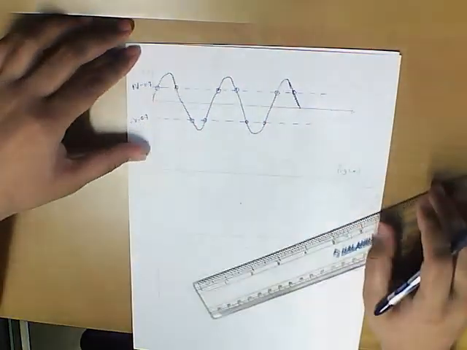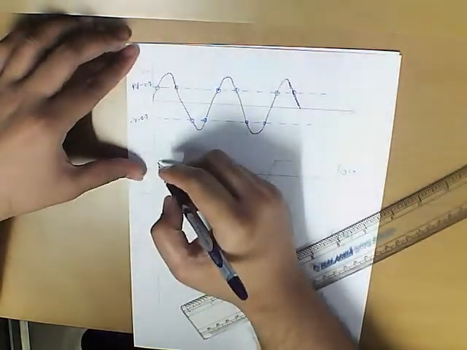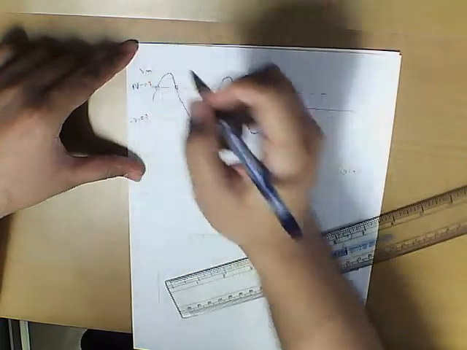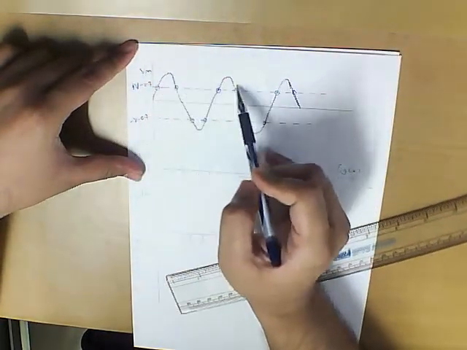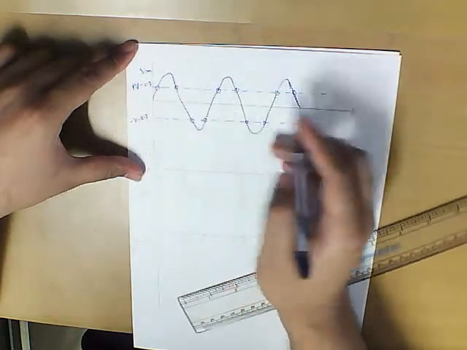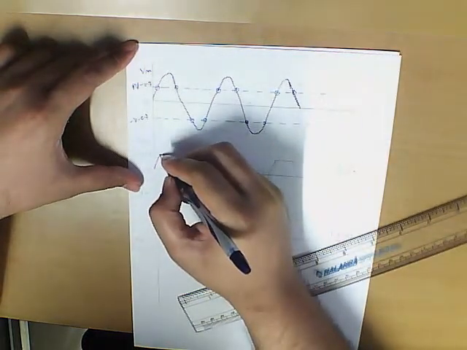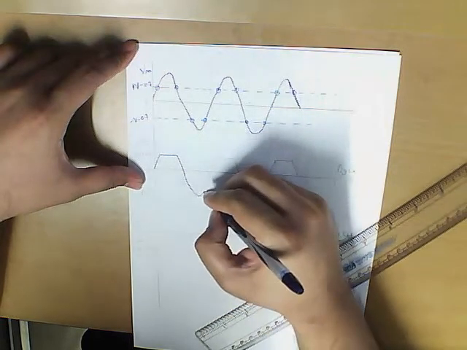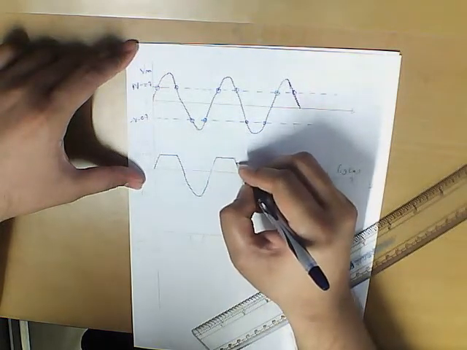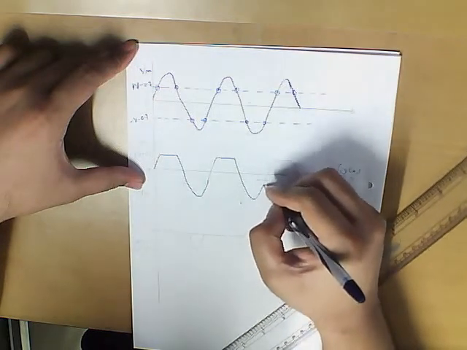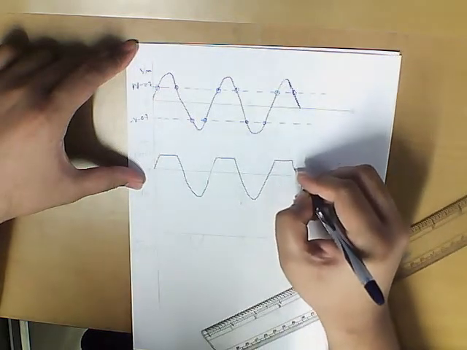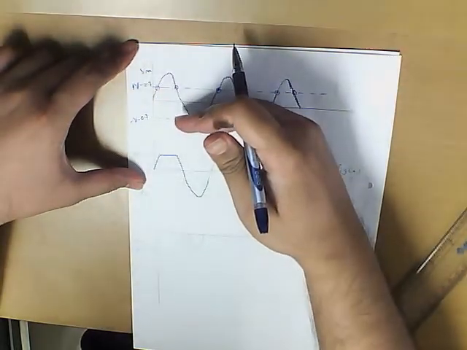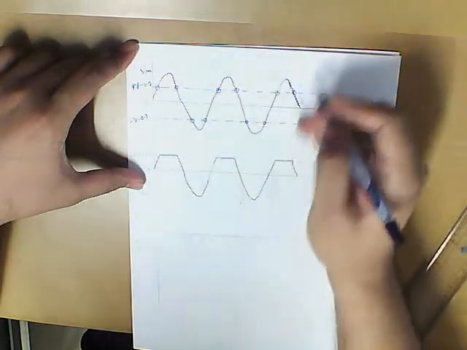When you clip things above the reference, what you get in the first case is this portion gets clipped off. We have Vm, so this portion is going to get clipped off, and everything below that remains. So this is the output for figure A. Similarly for figure B, everything above this level is going to get clipped off.